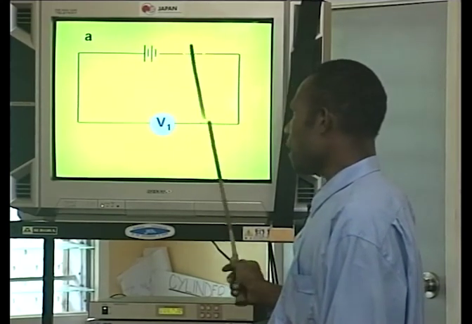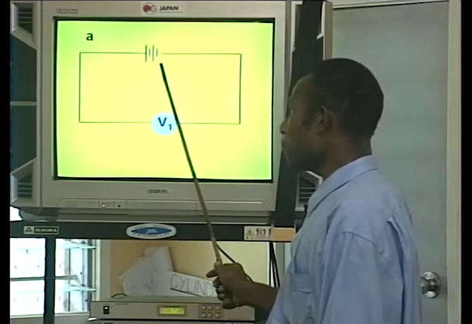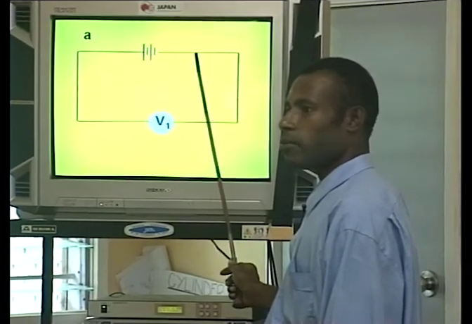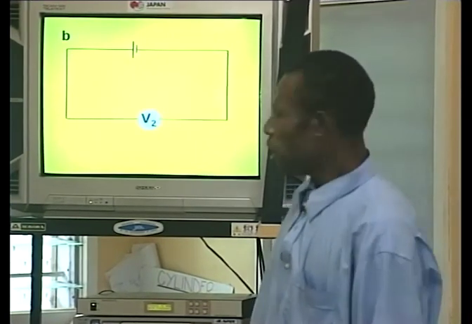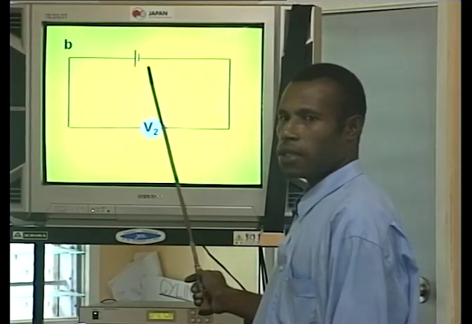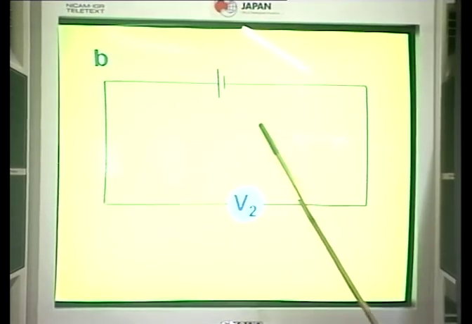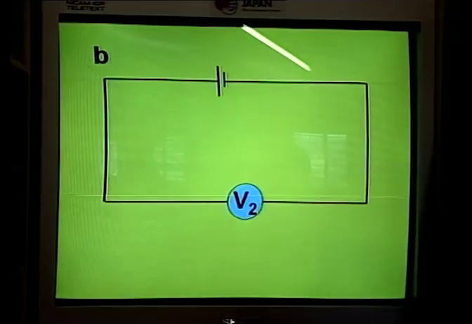That is why this cell voltage will add to this second one to give you 3 volts. If you connect only one, then it will be 1.5 volts.